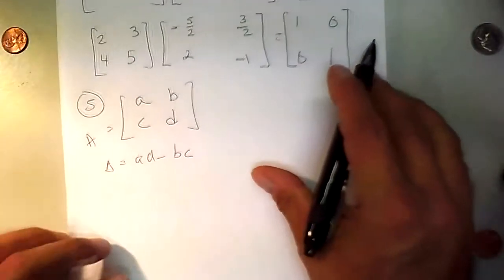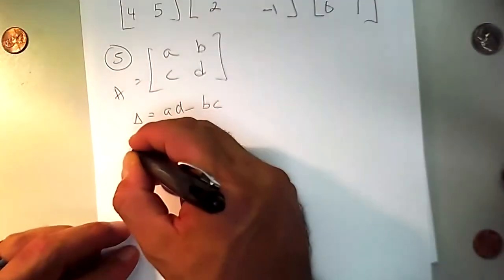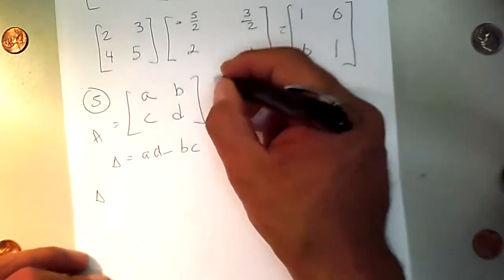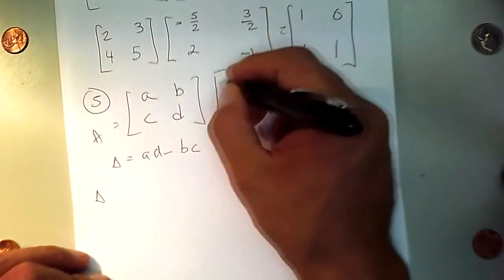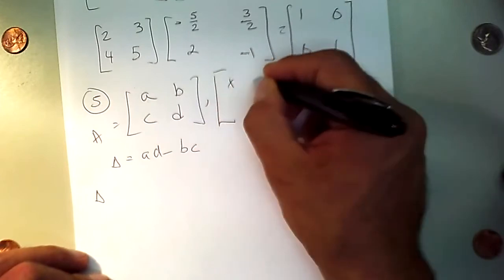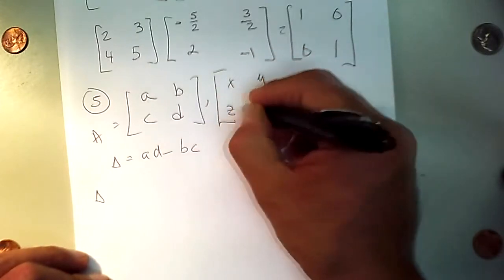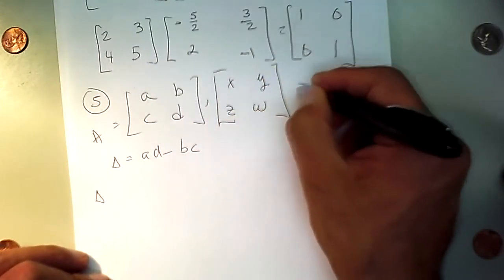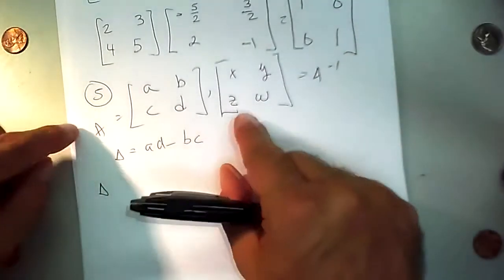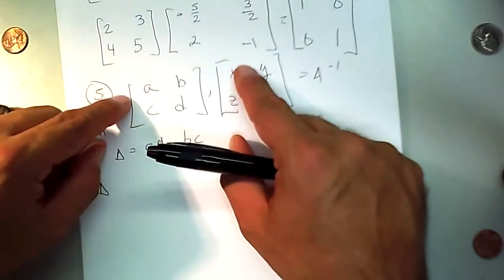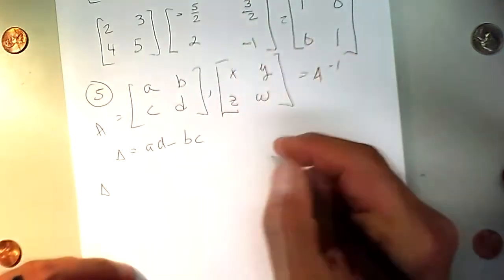Okay. So remember, we want to find the determinant. So delta, assuming that this is multiplied with x, y, z, w, and that is the inverse. When we multiply together, we're going to end up with ax. Let's write this down.